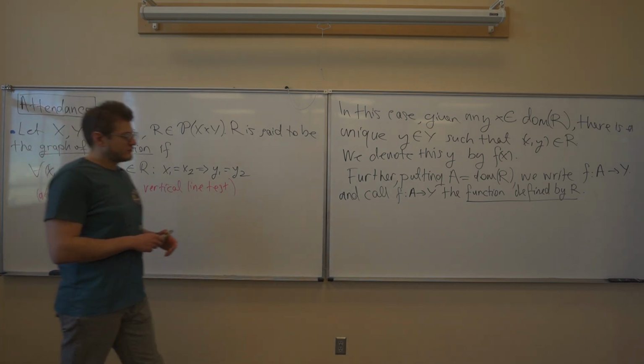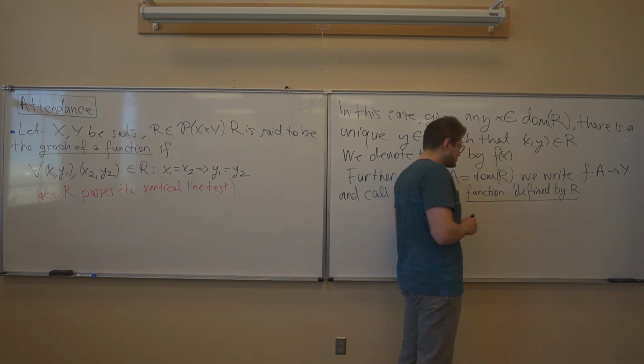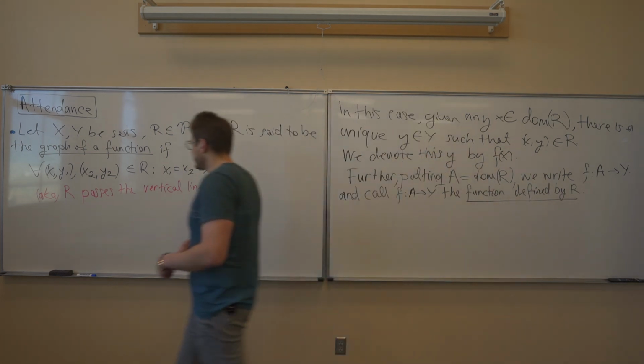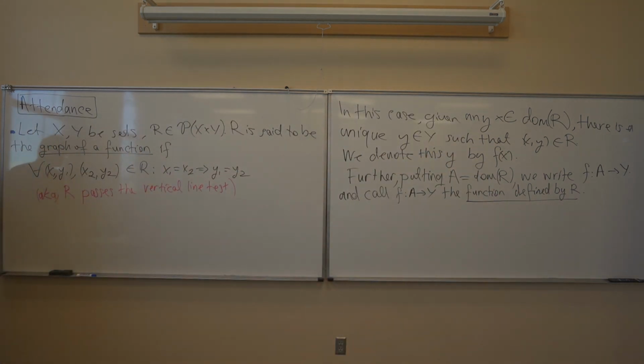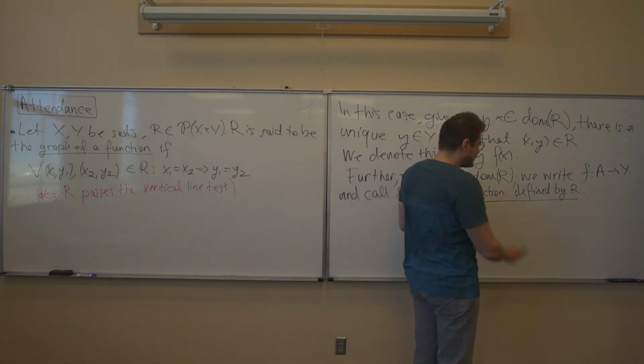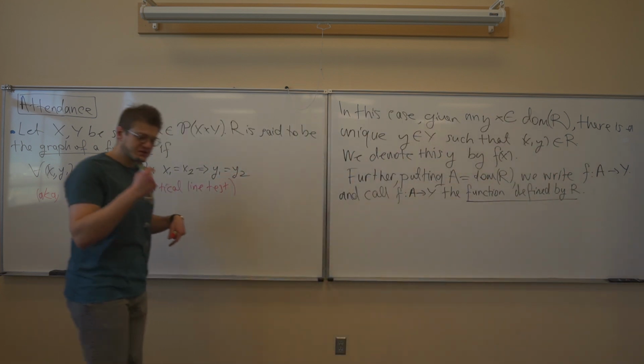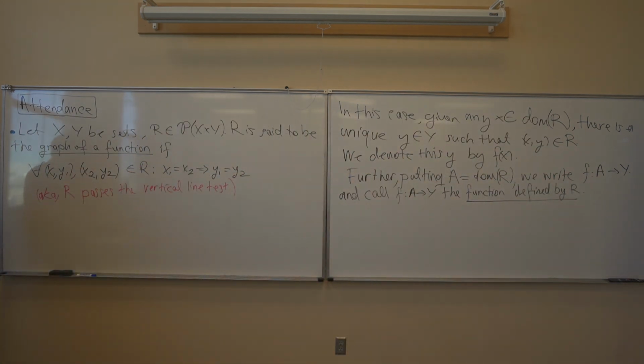I didn't say, for instance, here, call f a function defined by R. I called it the function. And here, too, I called it the graph. This really implicitly says that there's a unique such thing. And I'm going to leave that as an exercise. There are no two functions that are defined by the same relation. If a relation defines a function, it defines a unique function.